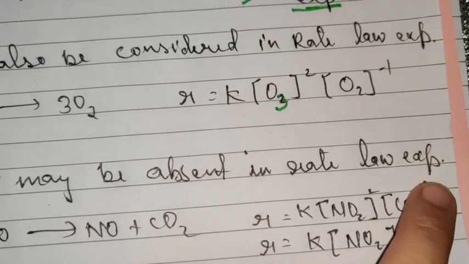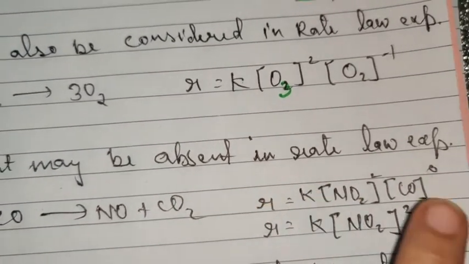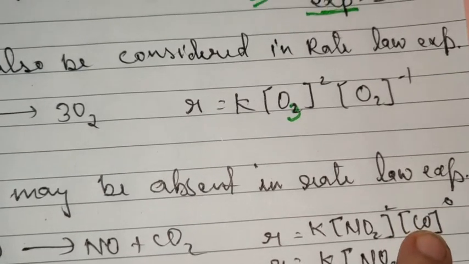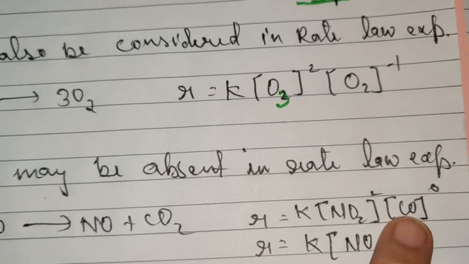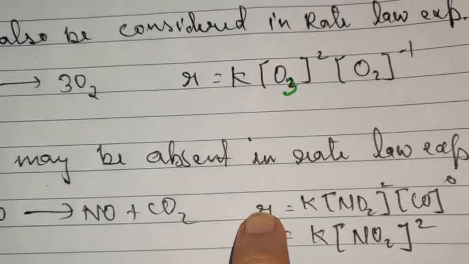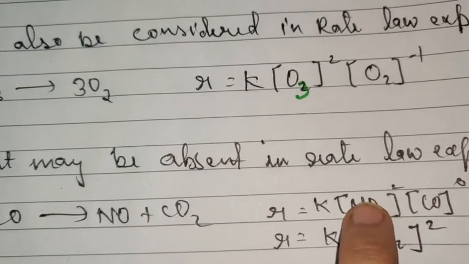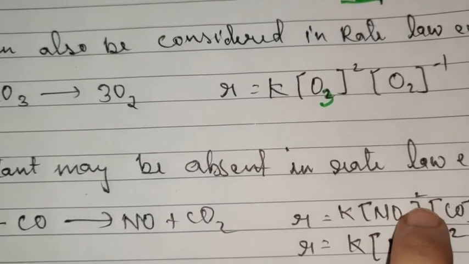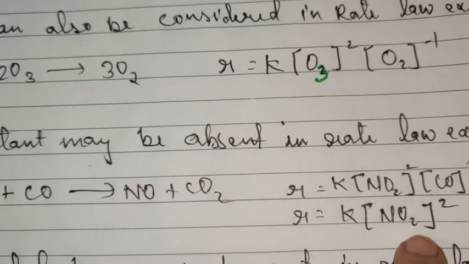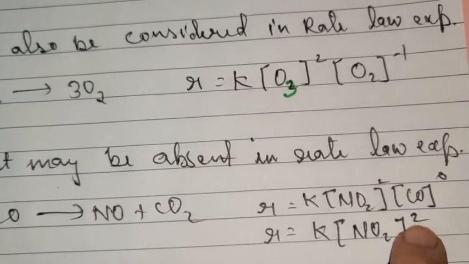Raised to the power 0 means the rate of reaction does not depend on the concentration of CO at all. Whatever you do with the concentration of CO, there will be no effect on the rate of the reaction. But you can see with respect to NO2, the order of the reaction is 2, and the overall order of the reaction will also be 2 here.